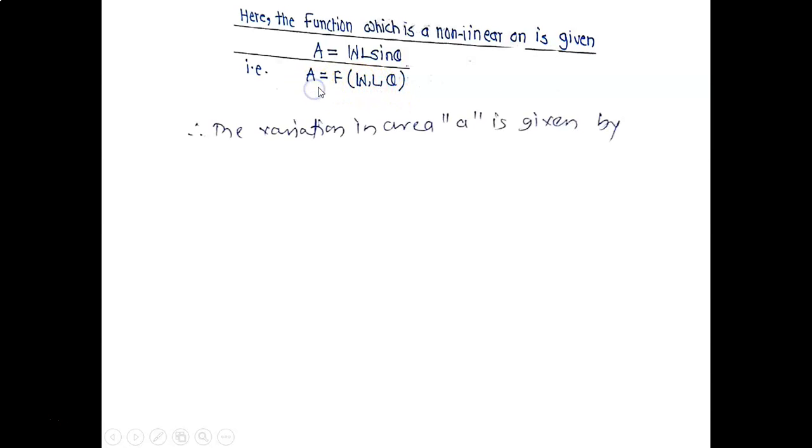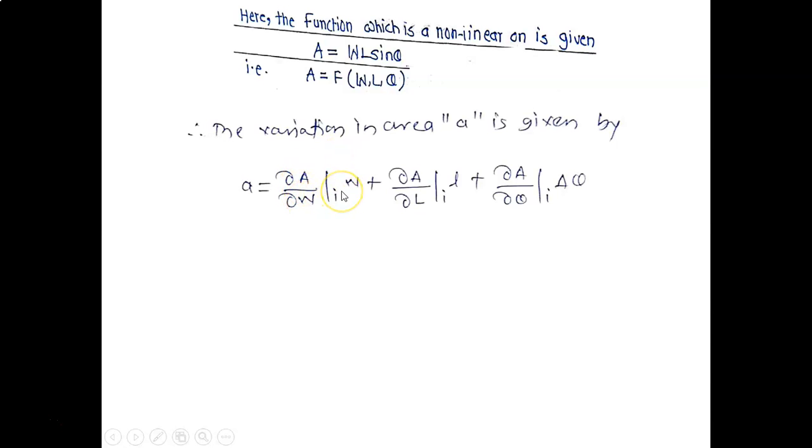Therefore, the variation in area, small a, is given by small a is equal to dou A by dou w at the point I into small w, plus dou A by dou l at the point I into small l, plus dou A by dou theta at the point I into delta theta.